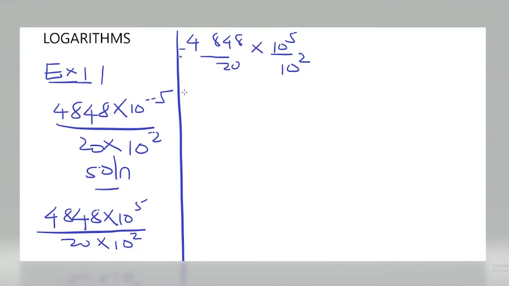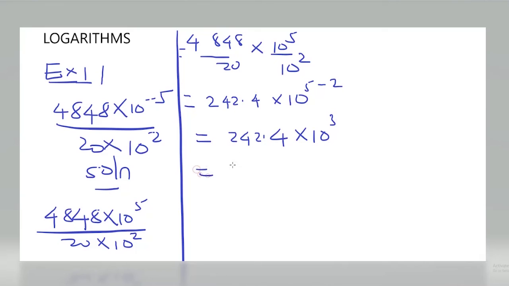Now this is equal to 48 divided by 20. I don't know how much you're going to get, but if you divide carefully, you get 2.4, then times 10 power 5 minus 2, which is 2.4 times 10 power 3.